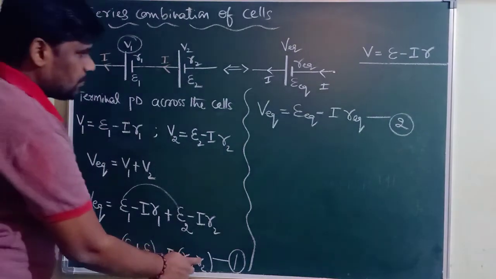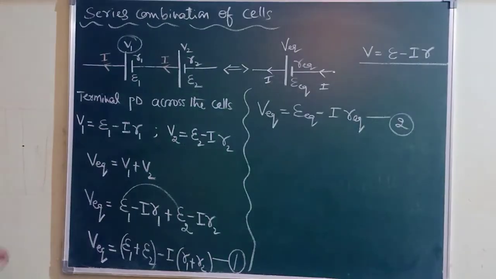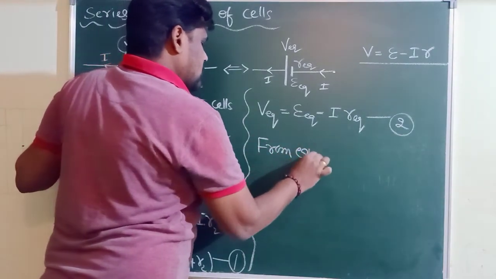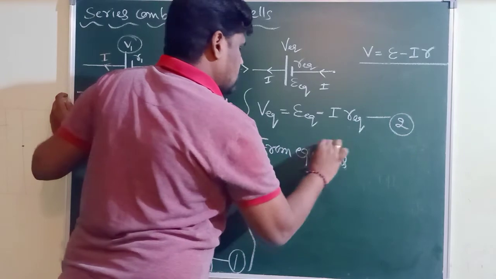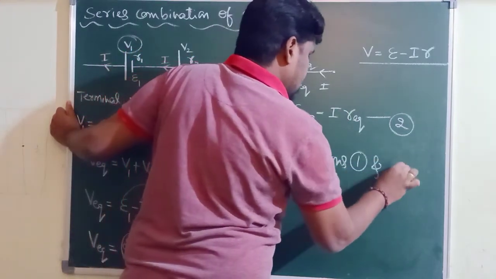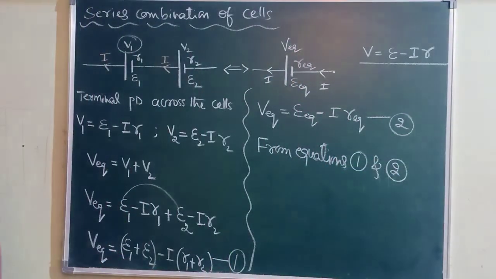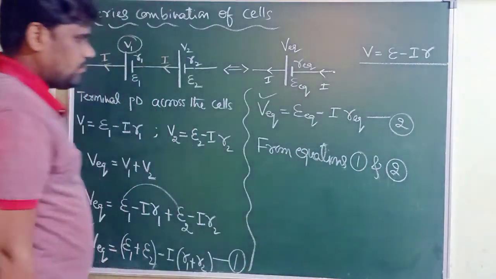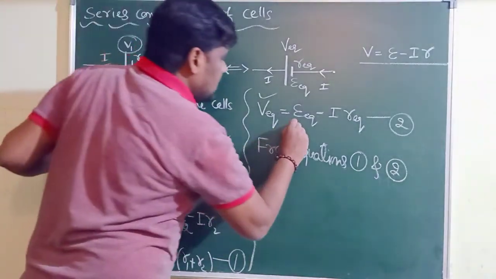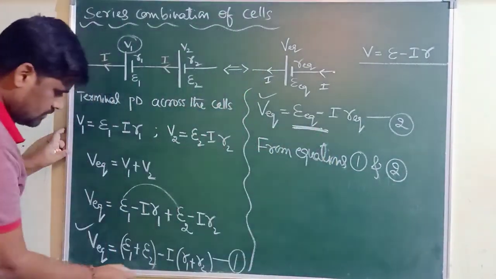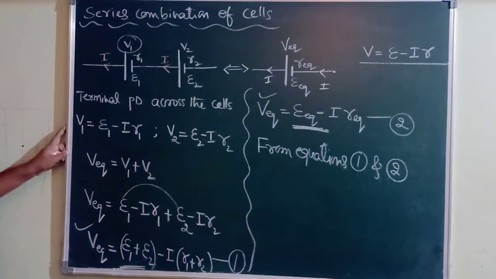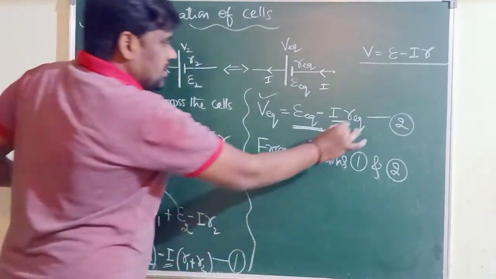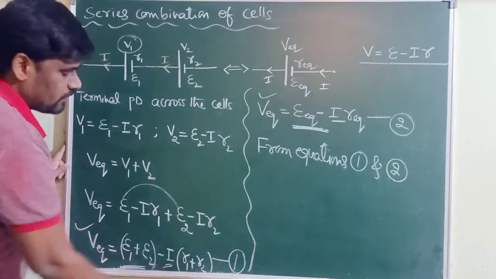Now comparing equations 1 and 2. Here we have V equivalent, and here also we have V equivalent. But in the place of E equivalent, I have E1 plus E2, and the current I is the same. In the place of R equivalent, I have R1 plus R2.